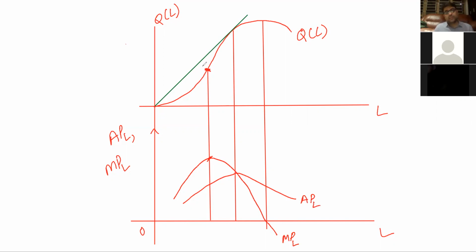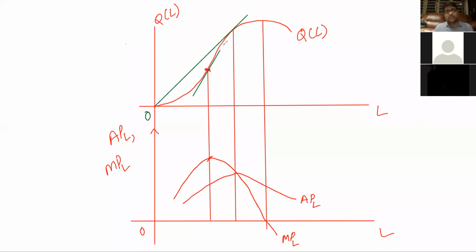The APL will always be a ray through the origin, and the MPL will be the tangent at any point. So this tangency will give us the MPL, and the ray through the origin will give me the APL, or the average productivity of labor.